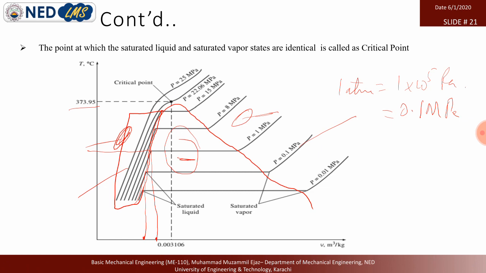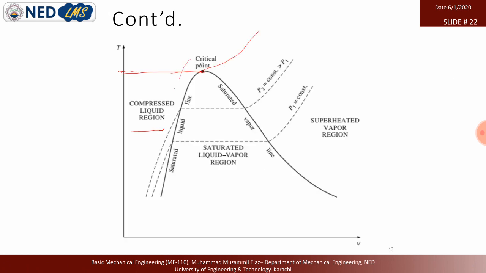So after reaching that critical point, the substance is said to be in the supercritical region. It is a supercritical region. And I would like to tell you that in the practical world, these machines still exist.